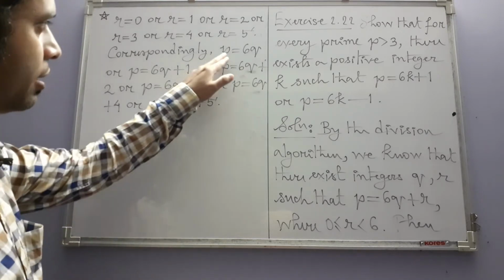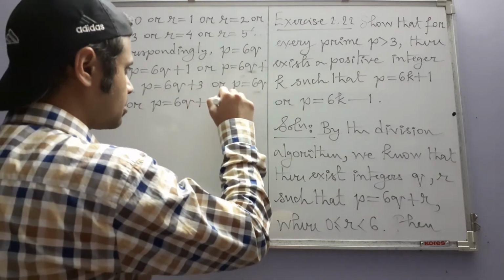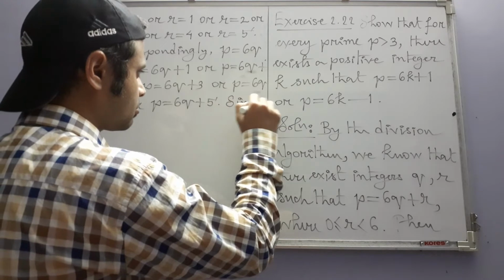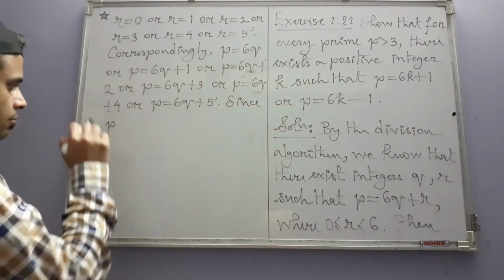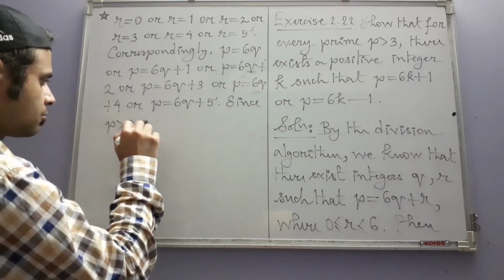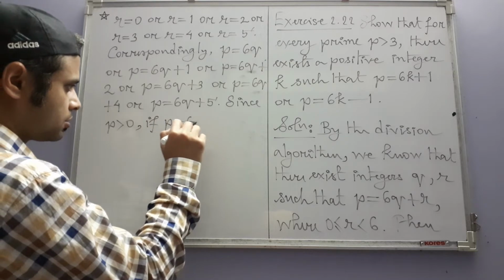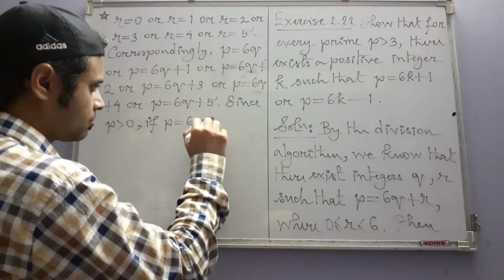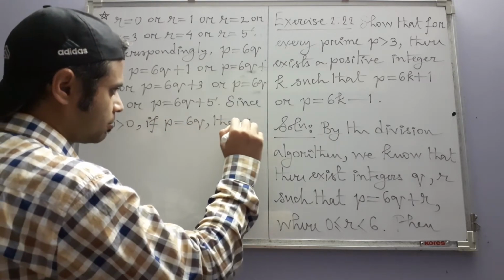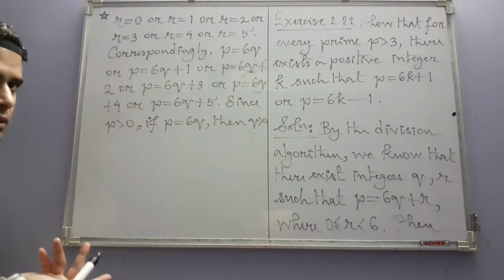Let us first argue that p cannot be equal to 6q. Since p is positive, if p is equal to 6q, then q must be positive too, naturally.